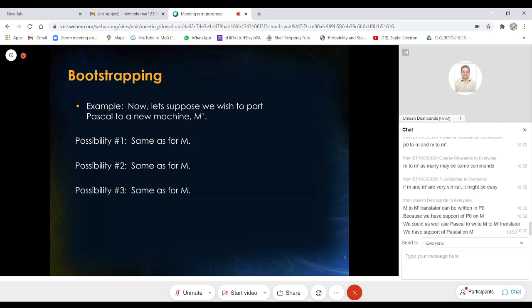We have support of Pascal on M. Is this idea clear?